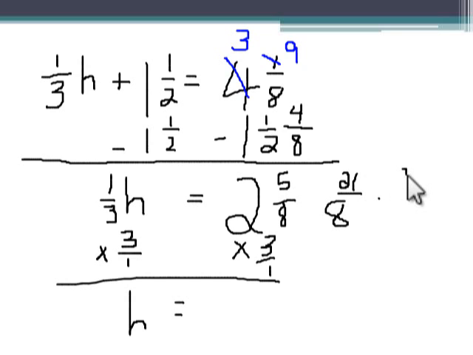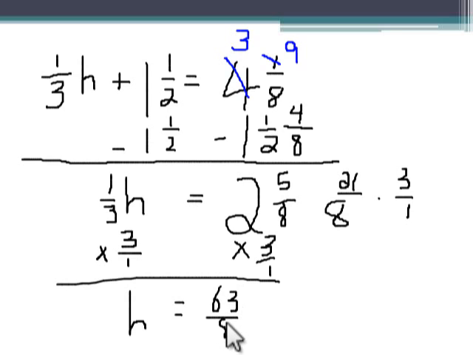Times 3/1. Unfortunately, there isn't anything I can reduce here. You might notice that 3 and 21 have common factors, but they're not a denominator and a numerator, so I have to multiply them out. 3 times 21 would be 63. 8 times 1 is 8.